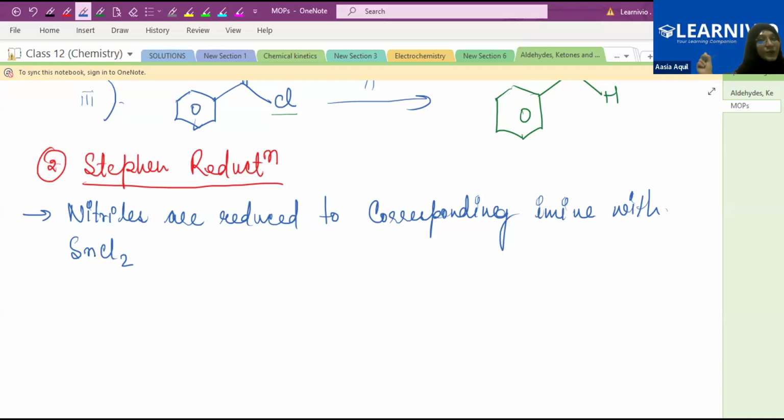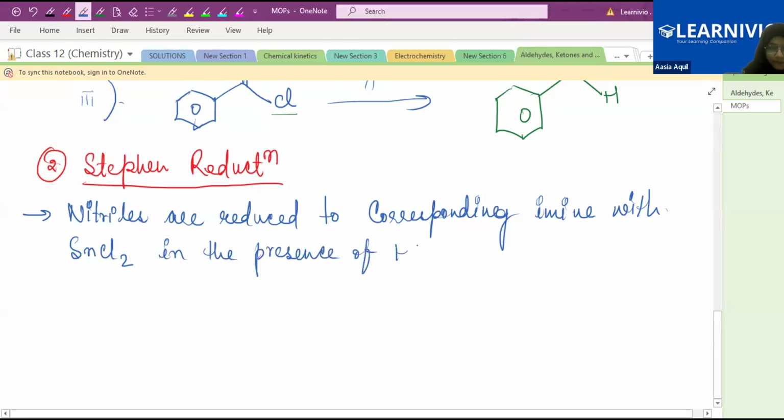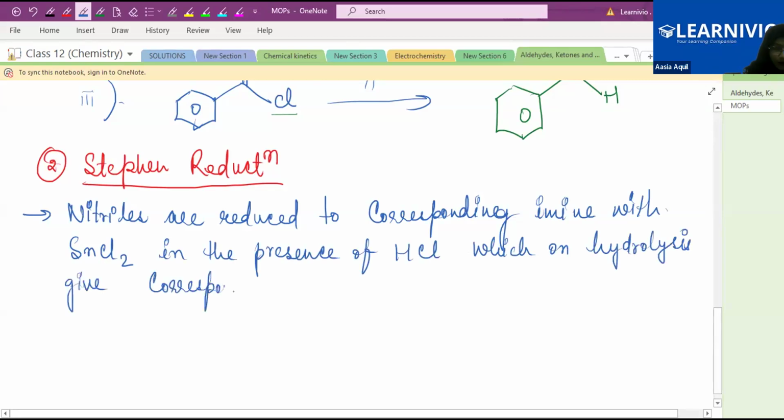In Stephen reduction, what do we use? SnCl2, which is tin chloride, in the presence of HCl, which on further hydrolysis gives the corresponding aldehyde.